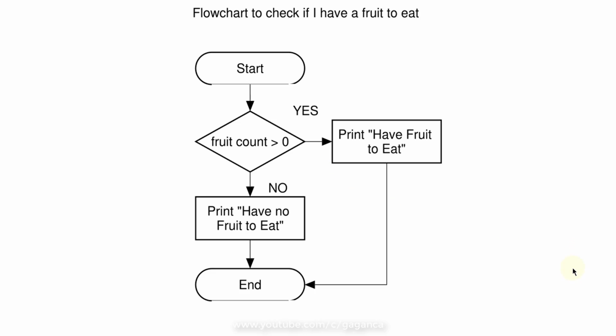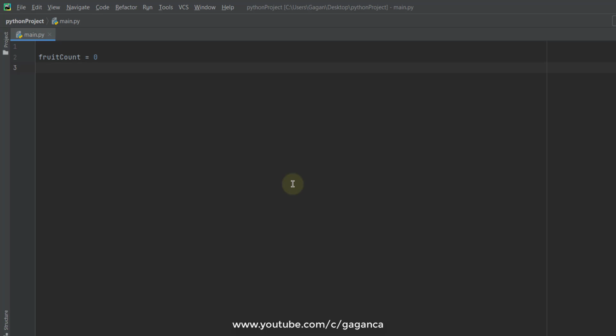Let's see how we can implement this flowchart logic in the program. I have declared a variable fruit count and the initial value is set to 0. Now to represent the diamond shape condition, I can use if fruit count is greater than 0, then I need to execute a block of code which will print a message.